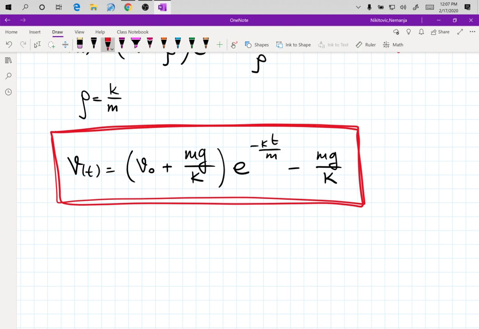Otherwise, it's escape velocity, which goes up. So the terminal speed is going to be given by velocity tau, the lowercase t in Greek, lowercase tau. And that's going to be our mg over k.